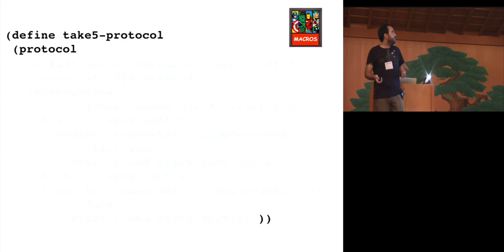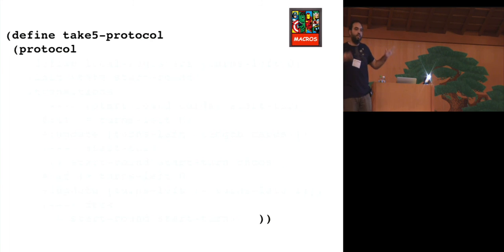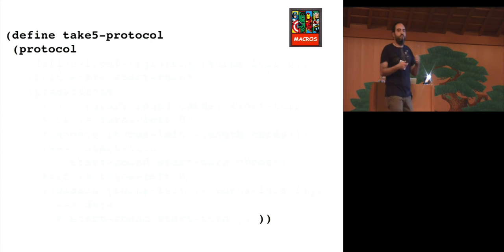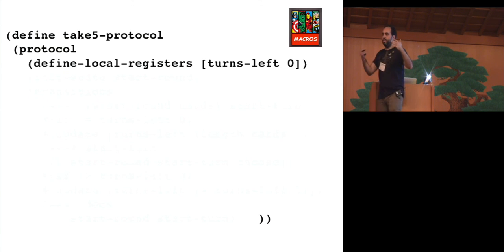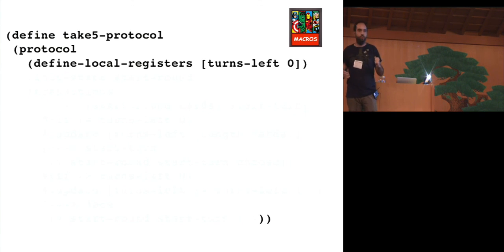So again, our macros and our little DSL can help us describe this in a very concise way. All we need to do is to add to the existing features of our protocol DSL that our automaton now, in addition to the state, also has local registers. In this particular case, one local register called turns left that we initialize with the value 0.